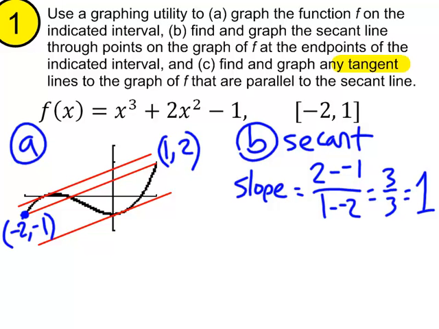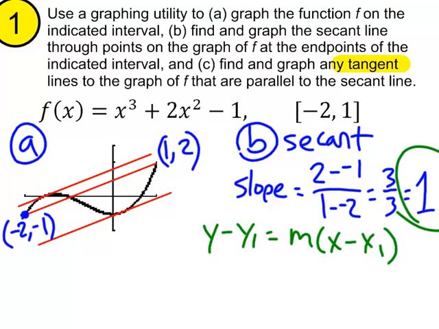Now, to find the rest of the equation for the secant line, we'll use our trusty y minus y1 equals m times x minus x1, our point slope form. And remember, the slope that we just calculated here, that's our m value. Now, as far as which endpoint I should use for the x1 and y1 values, I really have a choice.